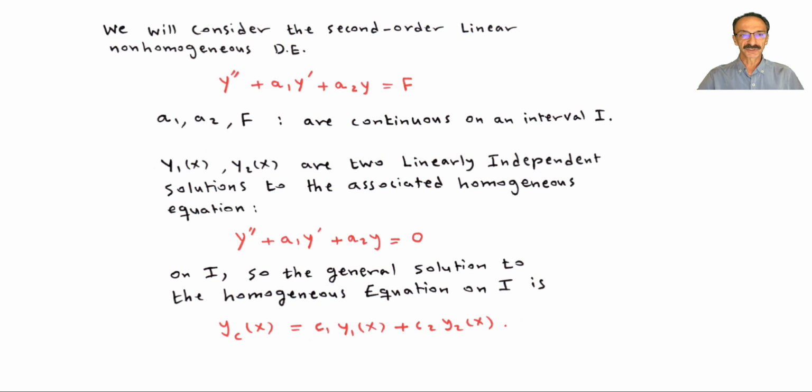We will consider the second order linear non-homogeneous differential equation of this format: y double prime plus a1y prime plus a2y equals capital F, where a1, a2 and capital F are continuous on an interval I. y1 and y2 are two linearly independent solutions to the associated homogeneous equation right here on the interval I. So the general solution to the homogeneous equation on I is yc.